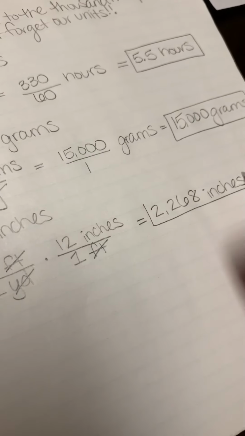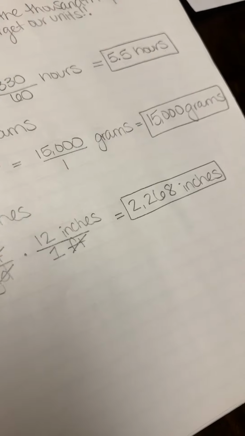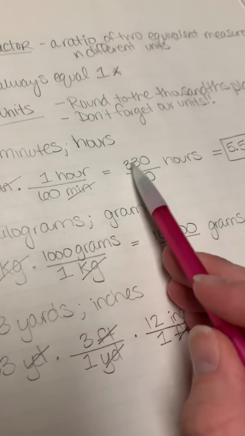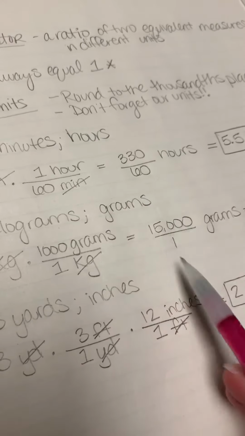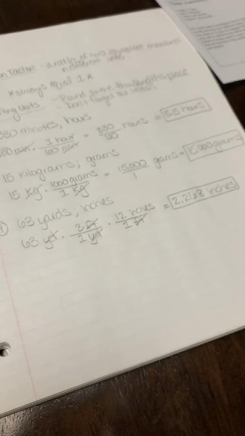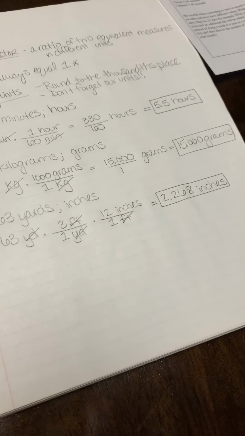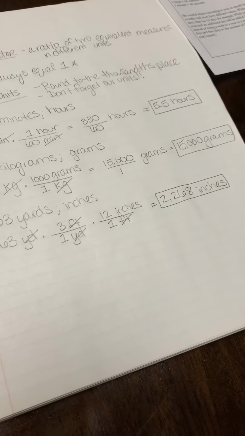So I could just leave it like so. The only time that wouldn't be applied is if, for example, on number 1, we actually had to divide by something other than 1. Okay, so for number 4, the answer is that 63 yards is the same as 2,268 inches.